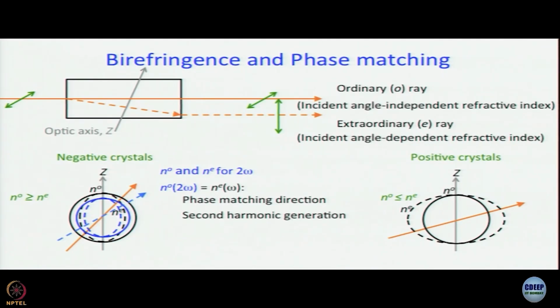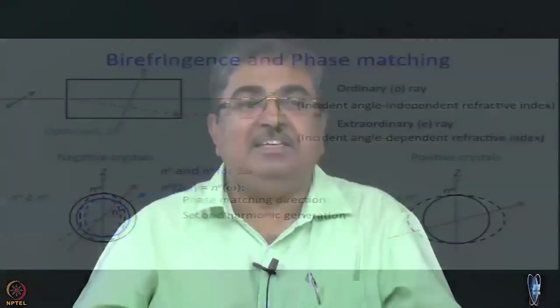That is your phase matching condition. Remember, what was the phase matching condition? That the fundamental and the second harmonic have to have the same refractive index. Here it is achieved.